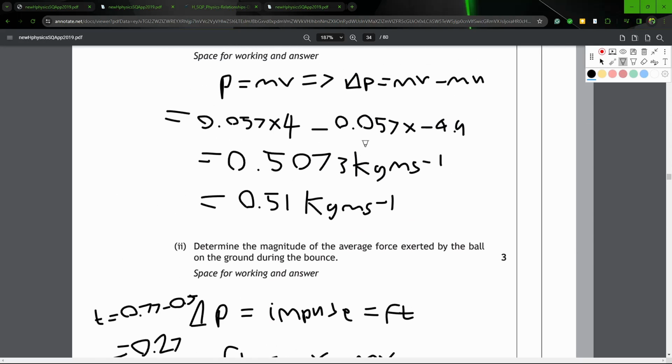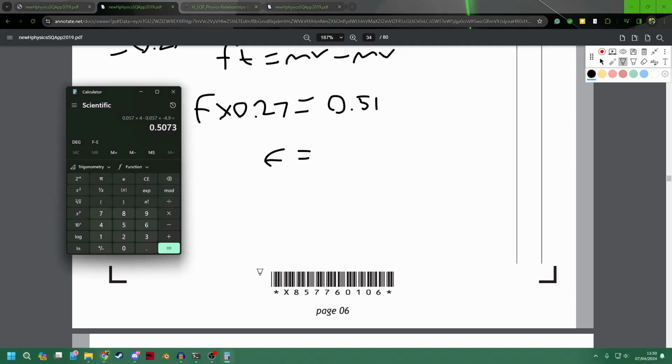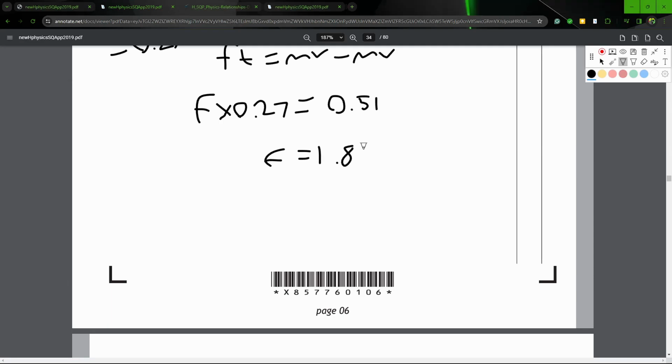If you're keeping this in the calculator, you can probably just do it that way, and then divide like so. So you divide both sides by 0.27, so force will equal 0.51 divided by 0.27, and you get 1.8. So round it to 2 decimal places, probably a good idea, and make sure to put newtons for force.